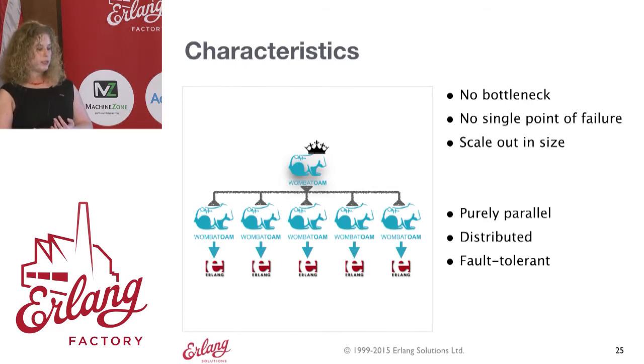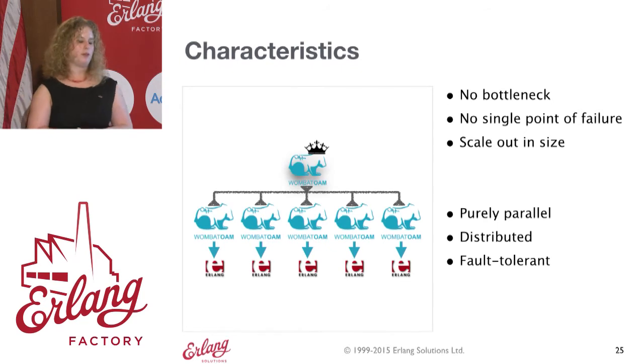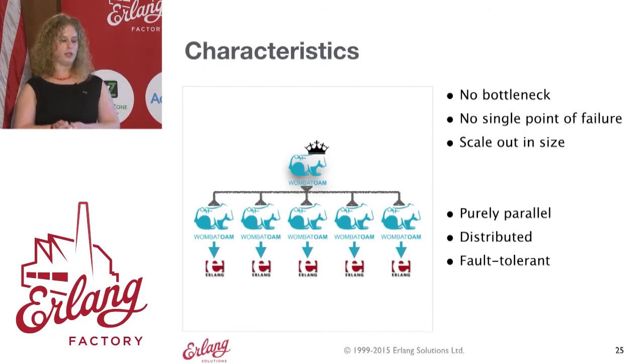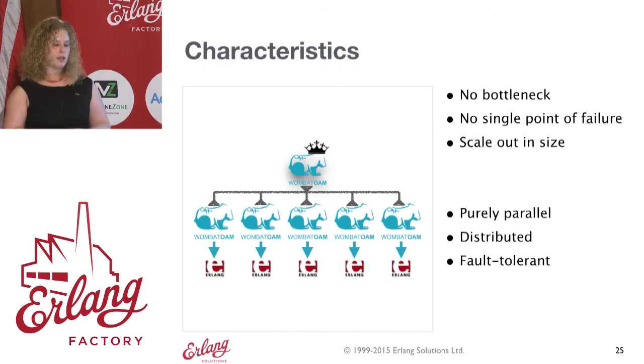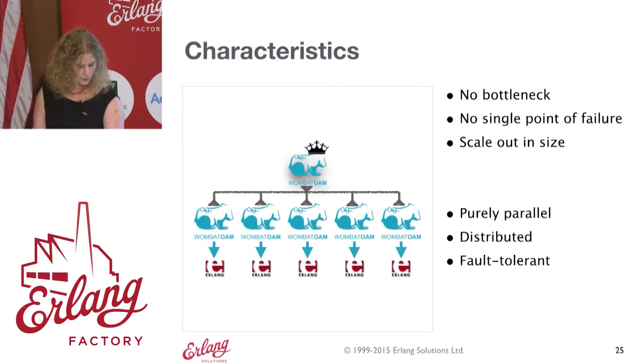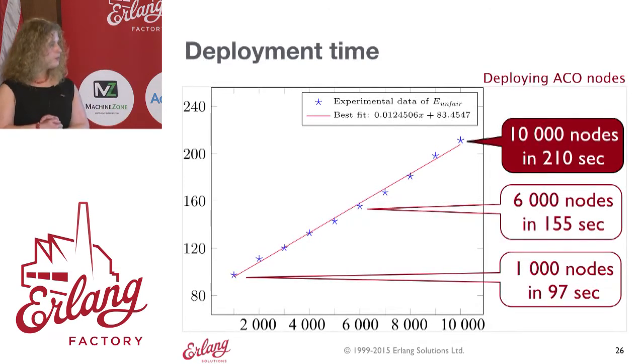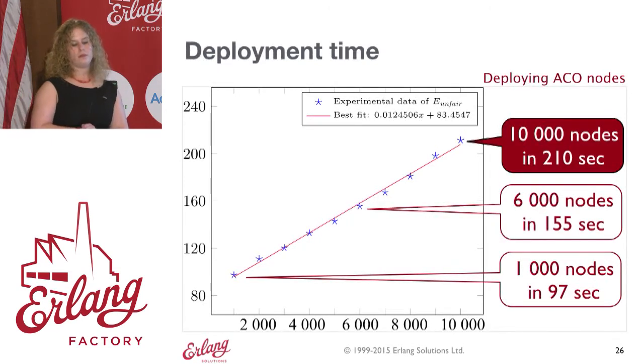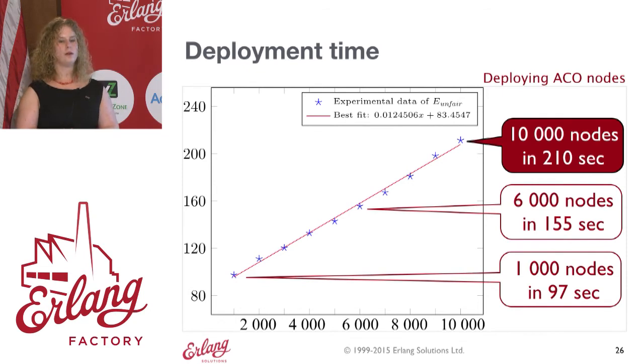The reliability of the system is confirmed by soak testing. Thanks to the built-in recovery mechanisms added to MetaWombat, it can recover itself and the whole Wombat tree after any failure.